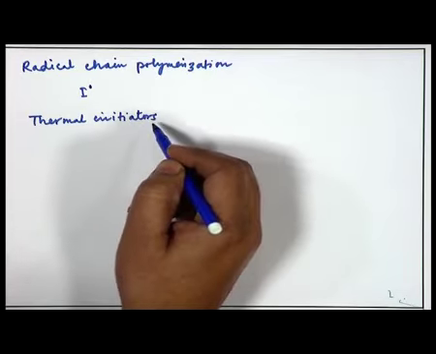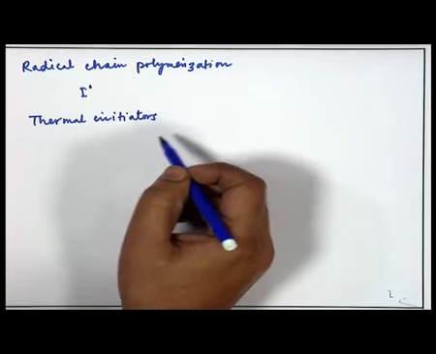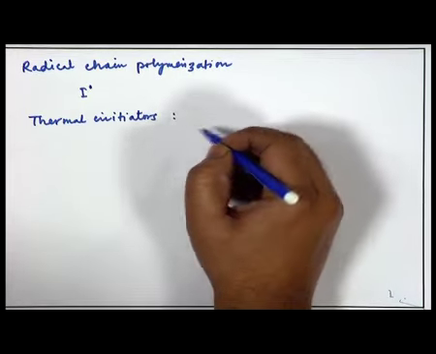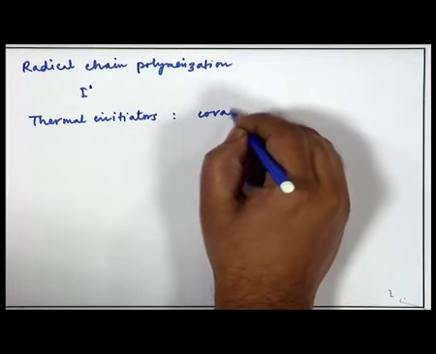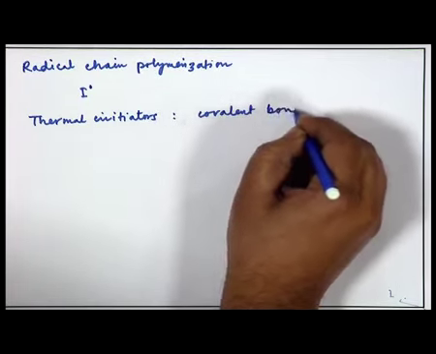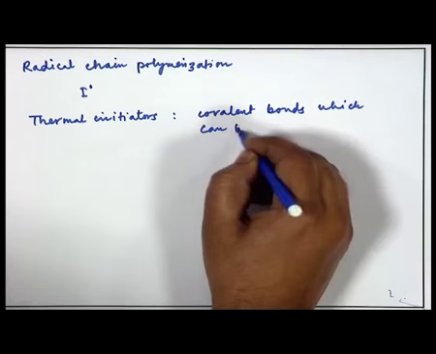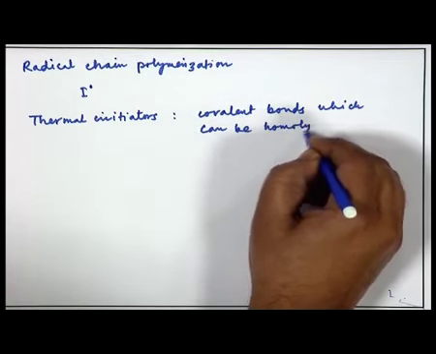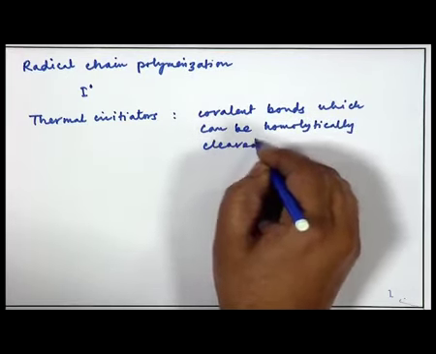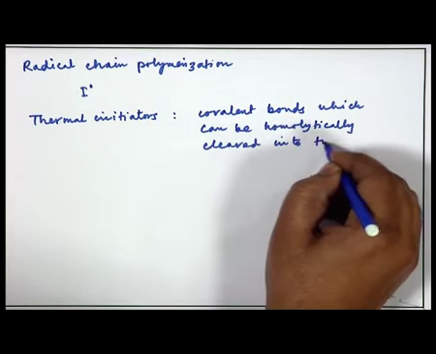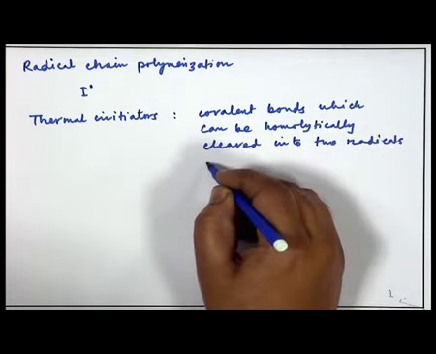These thermal initiators contain covalent bonds which can be homolytically cleaved into two radicals, say by heating.